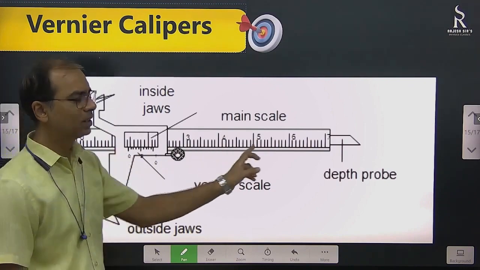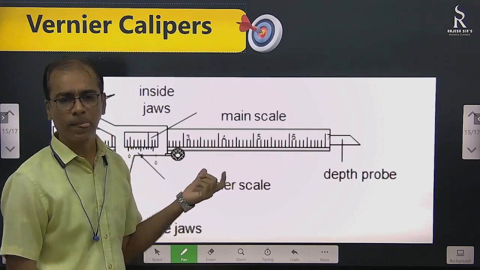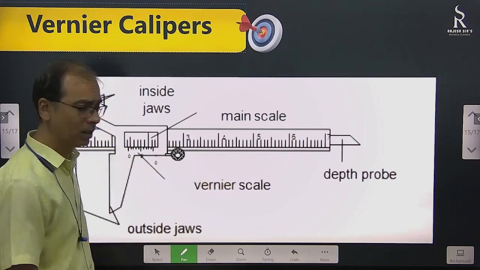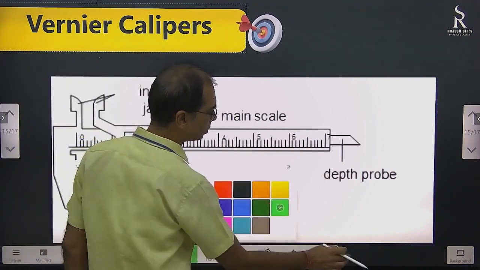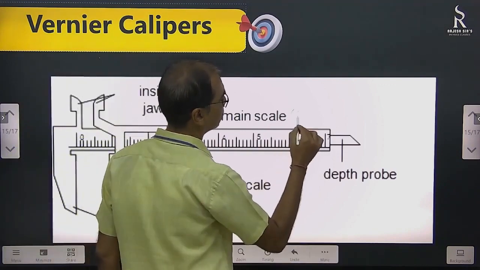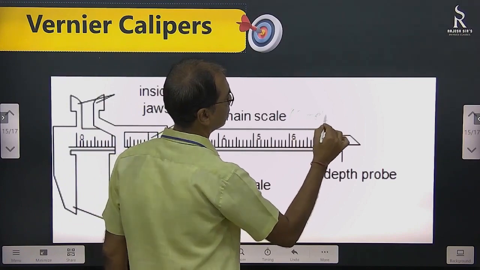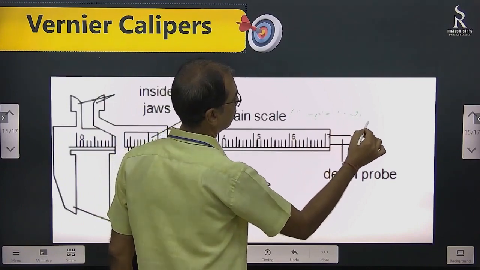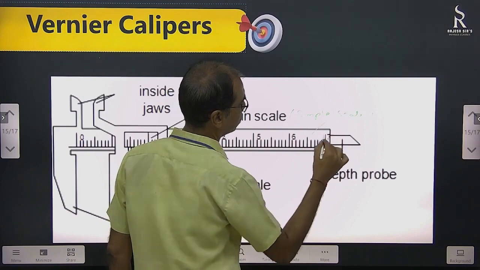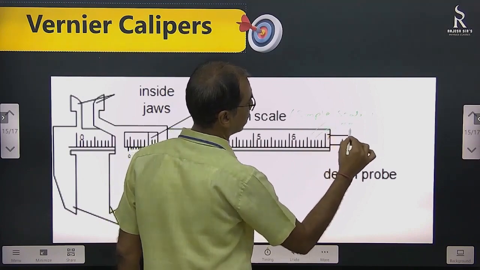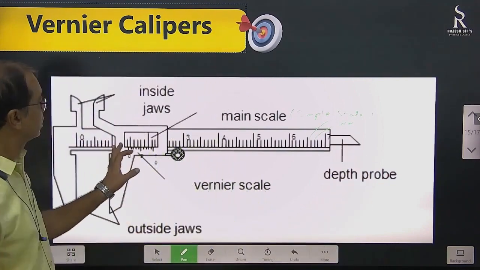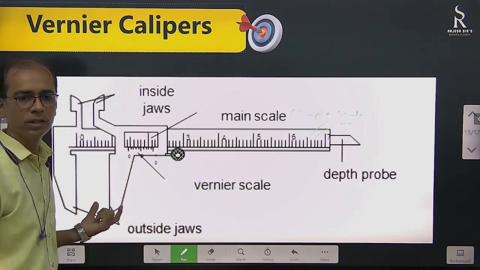So this vernier scale is movable. The main scale is fixed. What is the main scale? The same thing we had in the scale, there is no difference. This is a simple scale where the difference between two marks is 1 mm. Then what is this? This is the vernier scale, attached with this jaw.